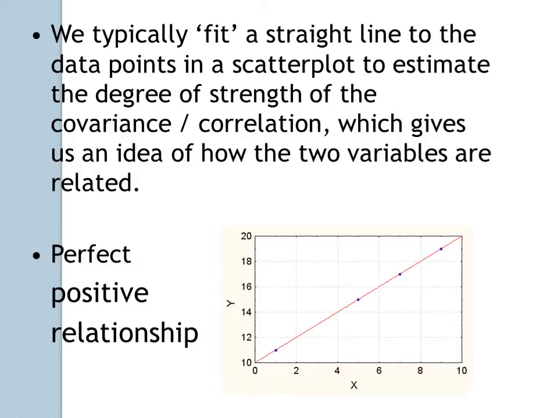What that means is that because that straight line was able to fit all the data points, and the data points sat exactly on that red line, that relationship is perfect. The one variable is moving in exactly the same way as the other variable. Okay, they are very strongly correlated with each other.